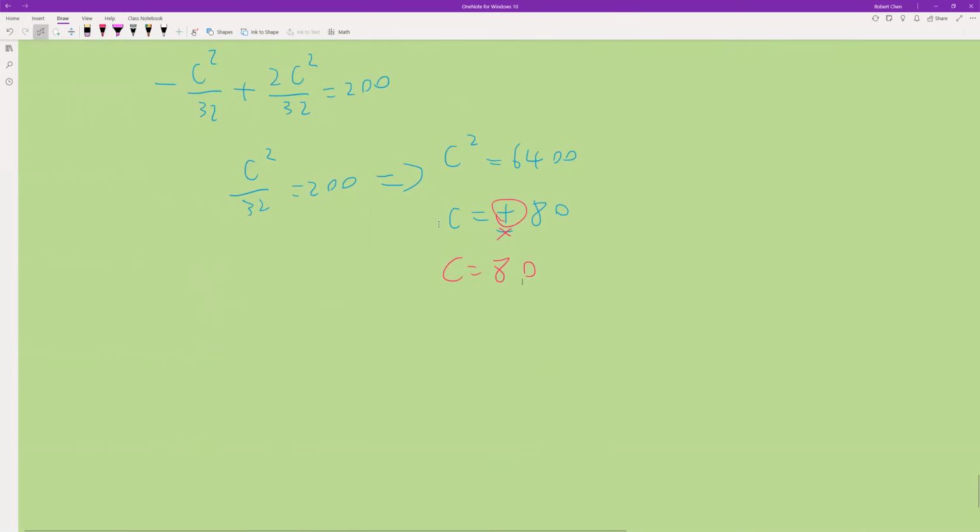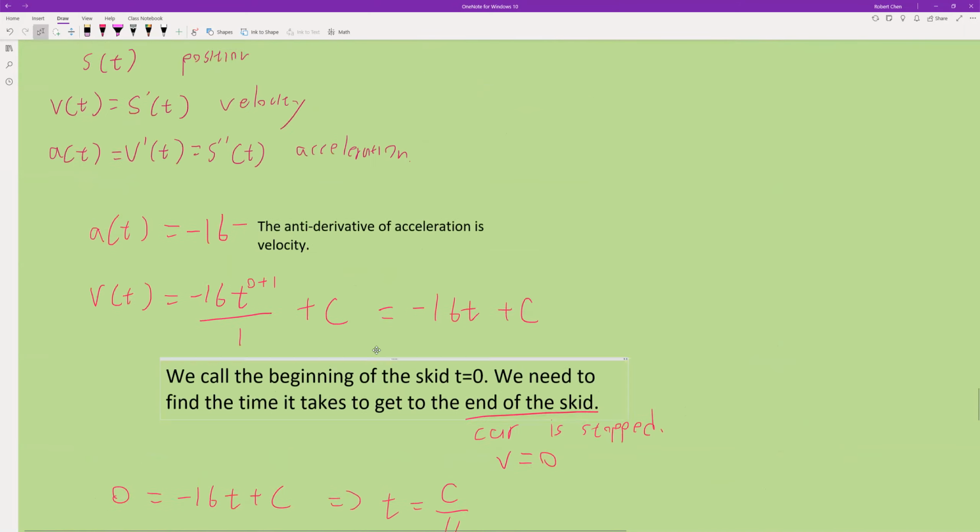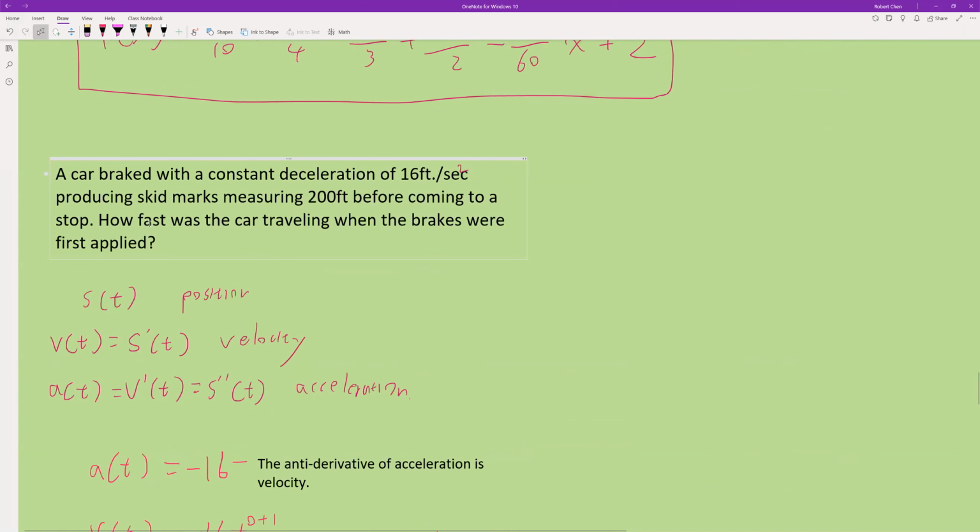That means our velocity v of t is equal to negative 16t plus c. I know that c is 80. That means the velocity is now negative 16t plus 80. We have a specific function for the velocity. And remember that the question was asking us how fast the car was traveling when the brakes were first applied.